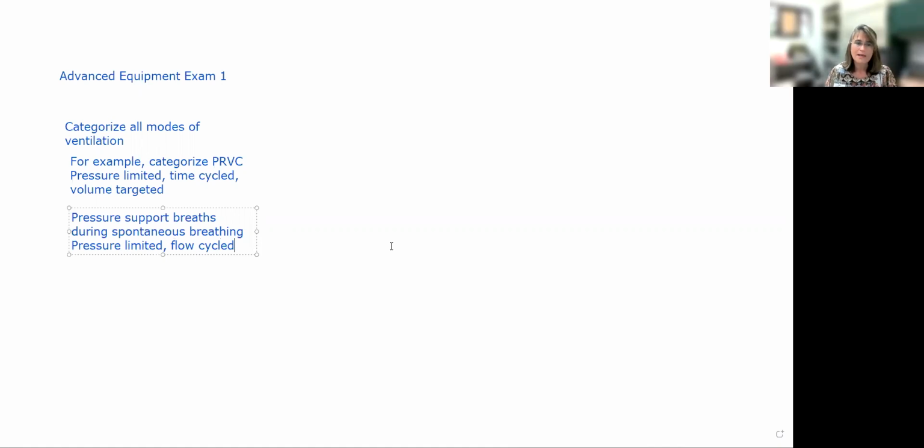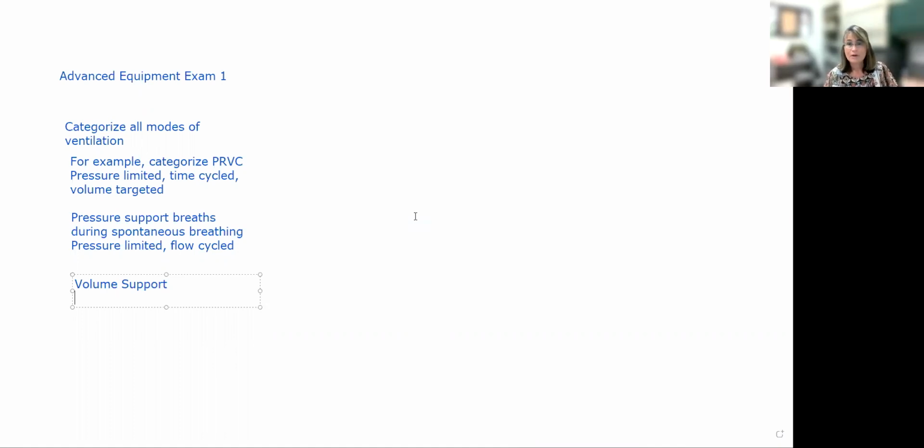There's one more that I'd like to go through with you because it's another one that gets missed, and that's volume support. So in volume support, it is a pressure support breath. However, the pressure support level will vary from breath to breath to target a tidal volume.